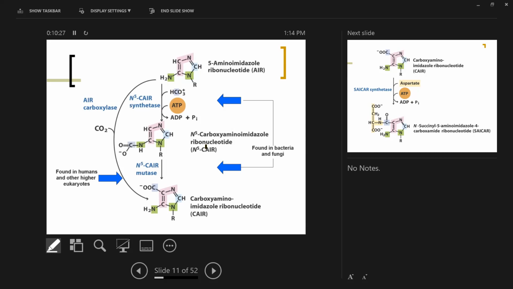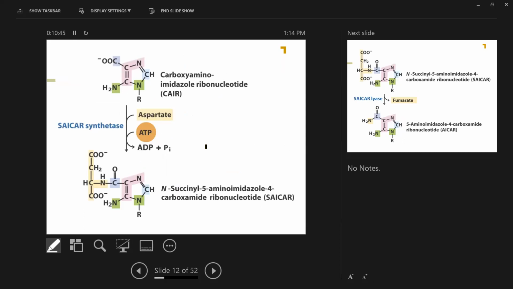Okay, so now we have carboxyamino imidazole ribonucleotide, otherwise known as CAIR. So we go from AIR to CAIR. Now we're going to make CAIR, we're going to make SAICAR.